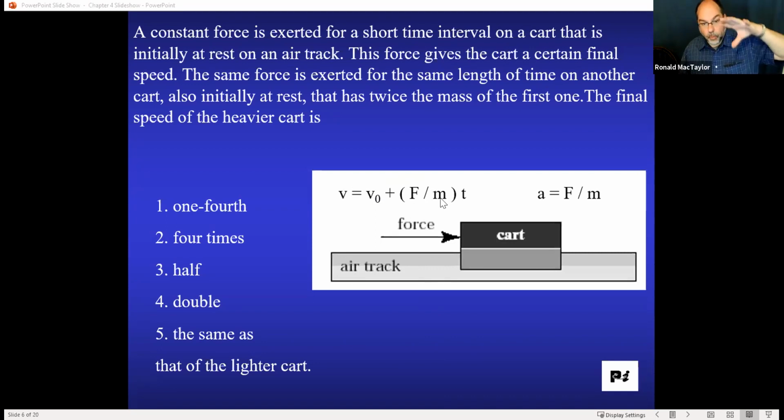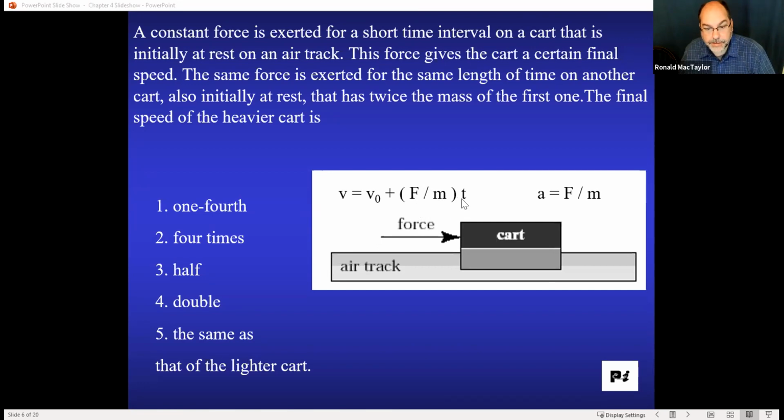If you have trouble handling this conceptually, nobody said you can't make up numbers, right? You have to follow the rules, but you could say the force is 1 Newton, the time is 1 second.